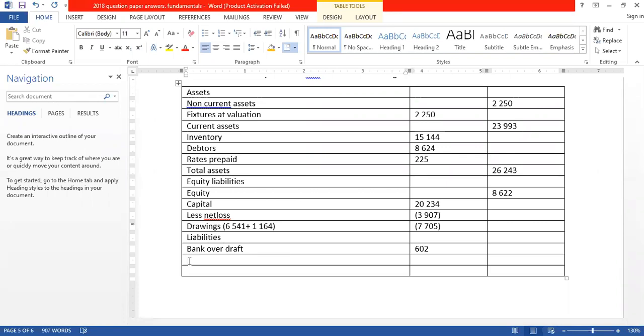So we have creditors for goods of 7,389.